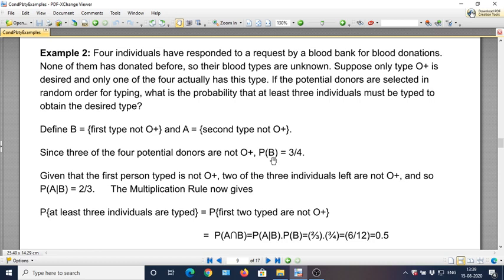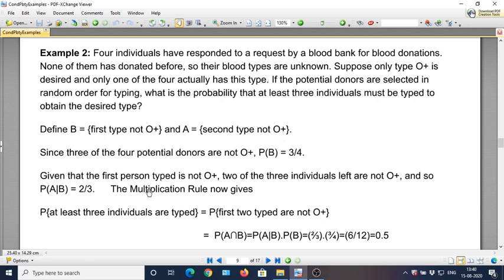Given that the first person is not of type O plus, we are left with 3 individuals, and one among the 3 has blood of type O plus, and therefore the probability that the second person does not have O plus is 2 by 3. This is the probability that the second experiment will not help us find the person of type O plus.